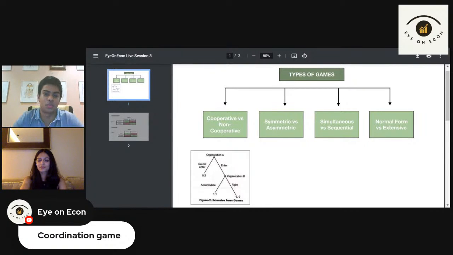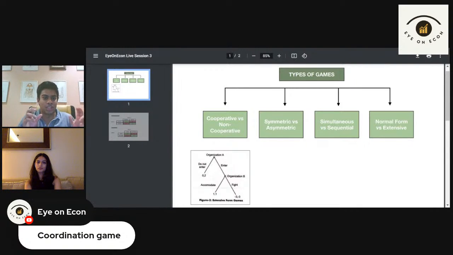So I'll start off with what a coordination game is. It's an important branch of game theory because a coordination game is a type of simultaneous game where a player will earn a higher payoff when he selects the same course of action as another player.